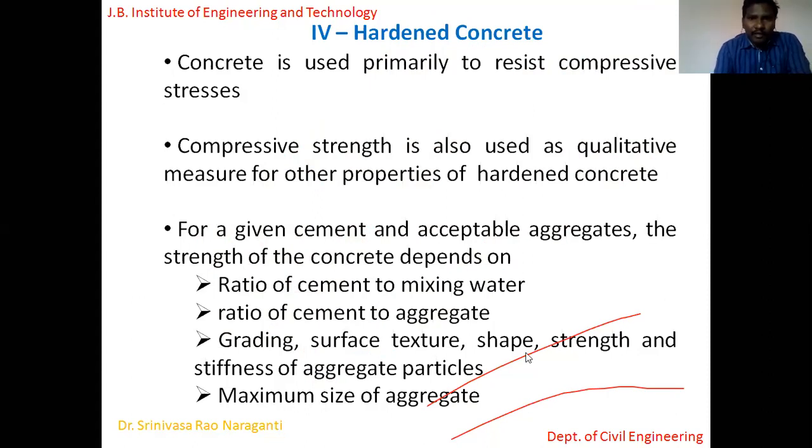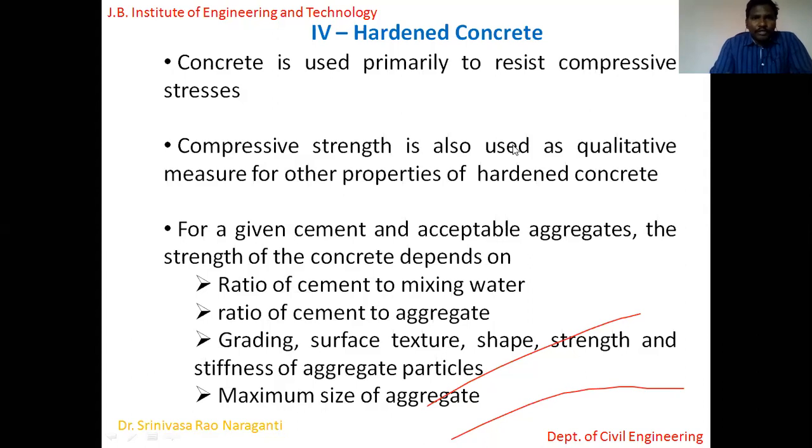For the given cement and acceptable aggregate, the moment I say acceptable aggregates, I'm talking about aggregates which are in good condition and don't cause alkali aggregate reaction, which you probably studied before. We don't want those aggregates, but if you have acceptable aggregates and the given cement, these are the factors that influence the strength of the concrete.